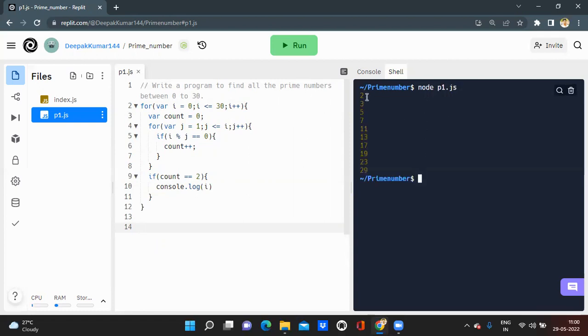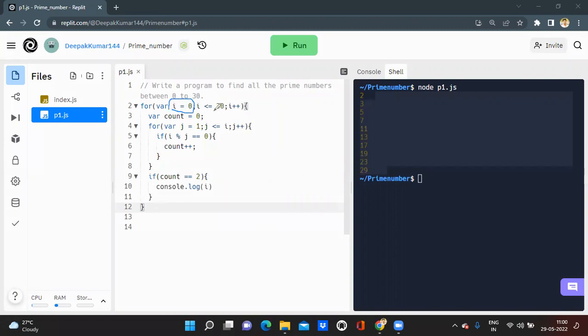Yes, 2, 3, 5, 7, 11, 13, all the prime numbers between 0 to 30 are coming here. Why? Let's dry run this. Initially the value of I is 0. Is 0 less than 30?